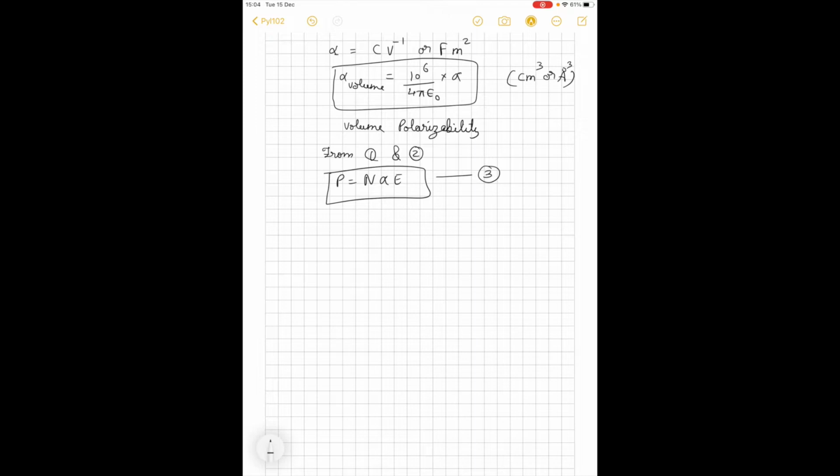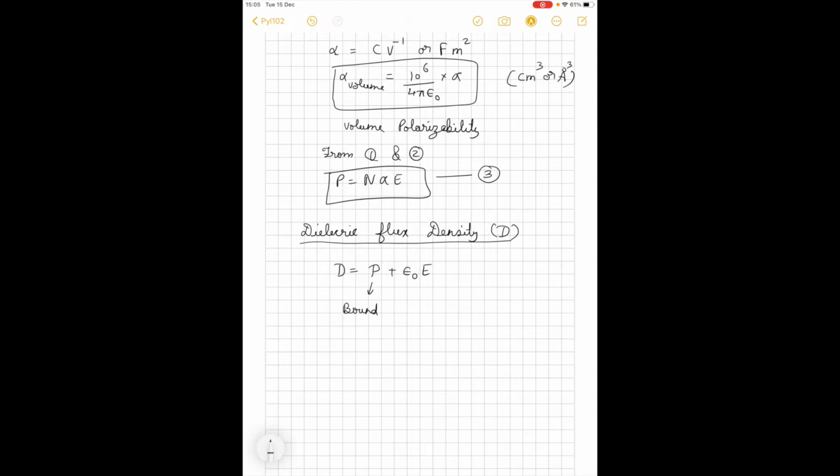So the other quantity that I would like to define is called dielectric flux density, and it's denoted as D. This dielectric flux density D basically has two contributions. Let me first write it down: P plus epsilon naught E. The first contribution comes from the bound charge, right?